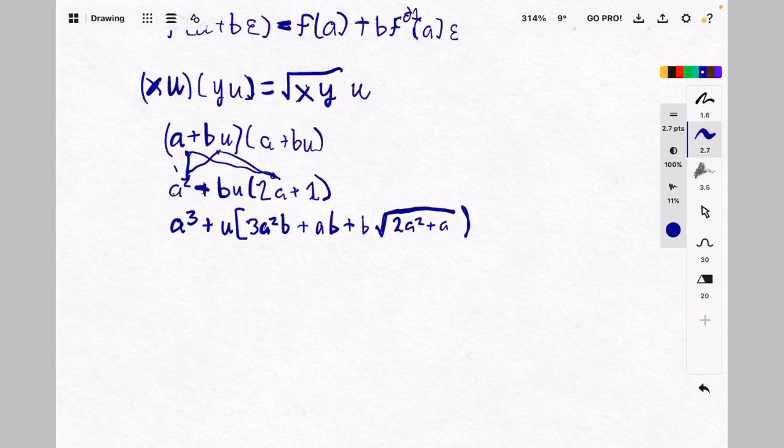Now with this, I immediately started to notice something may have been up there. bu(2a plus 1), yeah. Something already kind of was looking interesting.